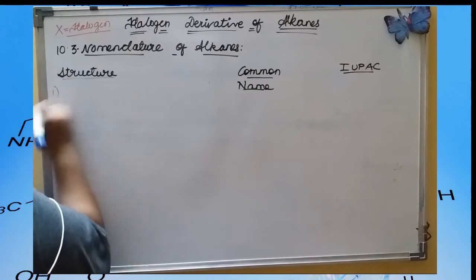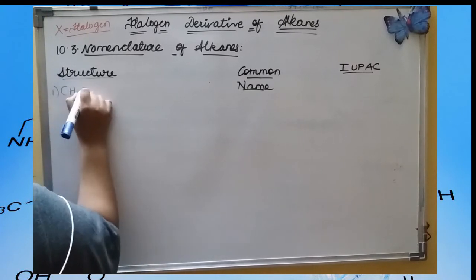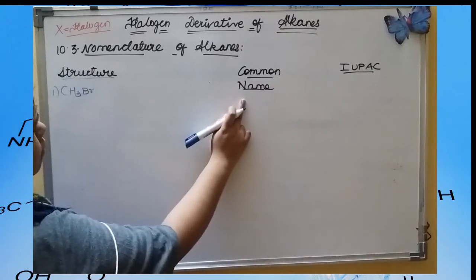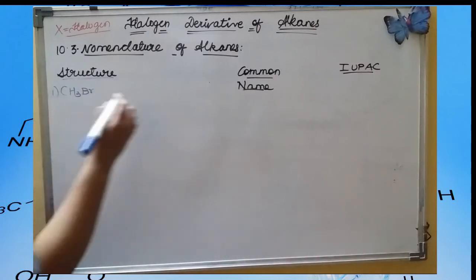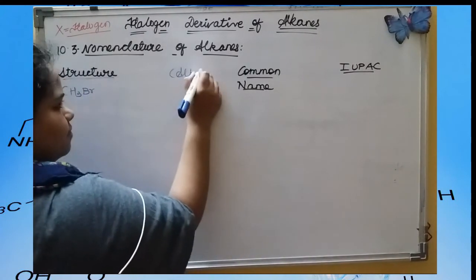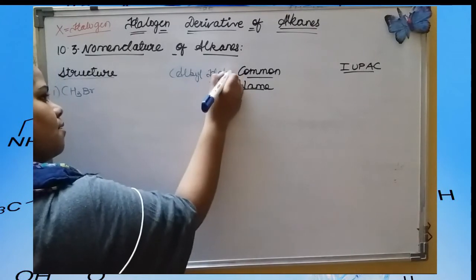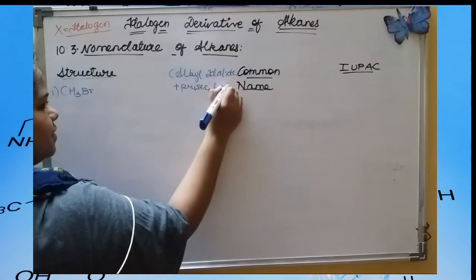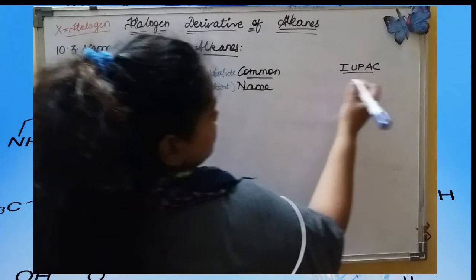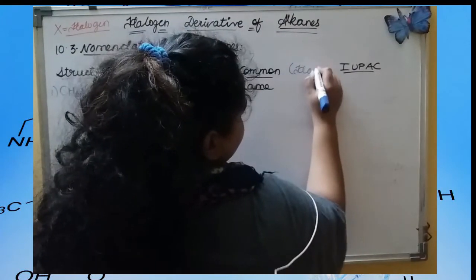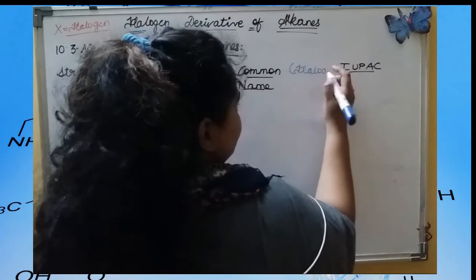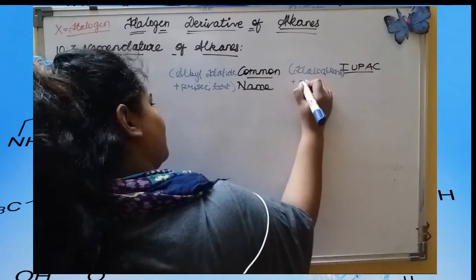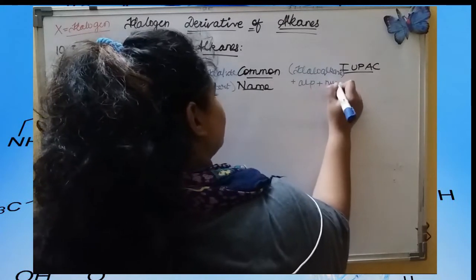First one, if we take an example of CH3Br, let us see what is its name. By common name rule, we must name it as alkyl halide plus primary, secondary, tertiary prefixes, and in IUPAC it must be named as haloalkane plus alphabetical order plus numbering.